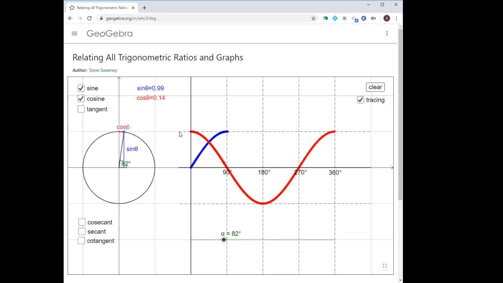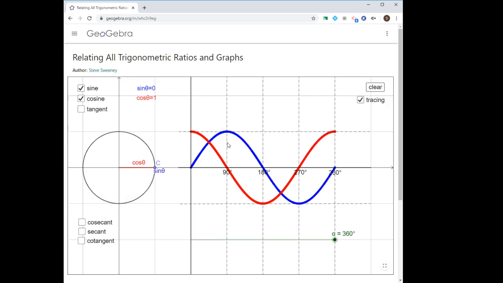This peak is r, whatever r happens to be. It's just normally we do it as 1. And then sine starts to fall off, meaning the y-coordinate over here is getting smaller. Then it moves into the negatives, and then it's going to end at 0.